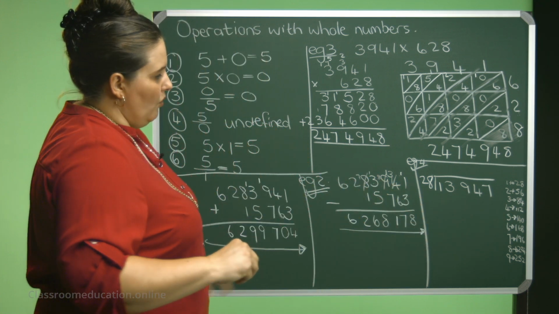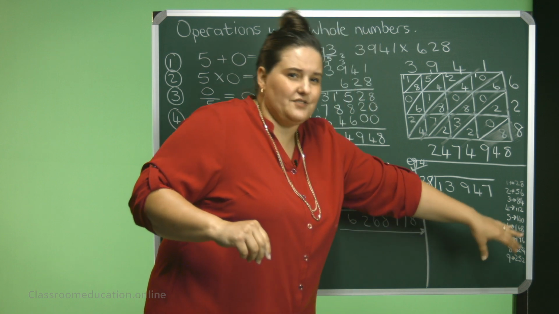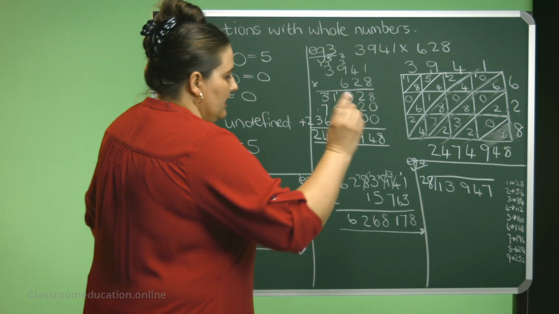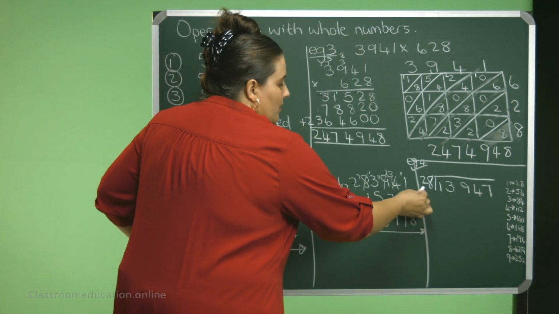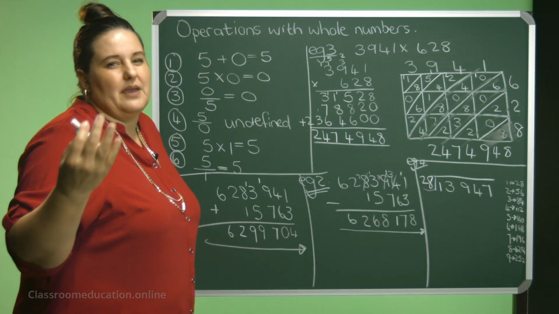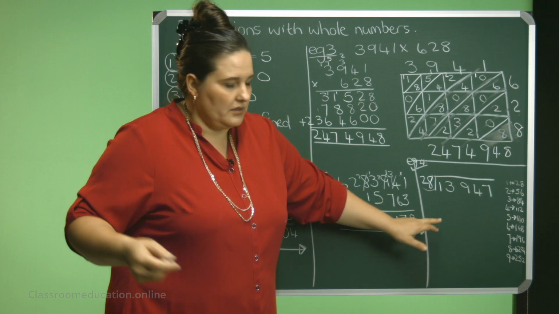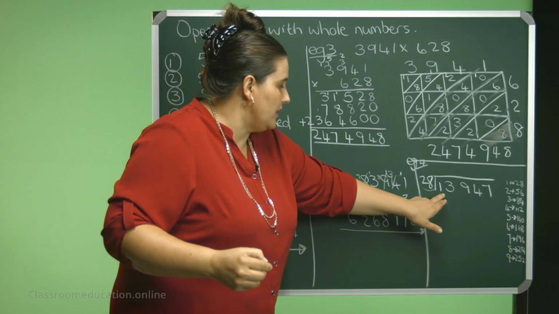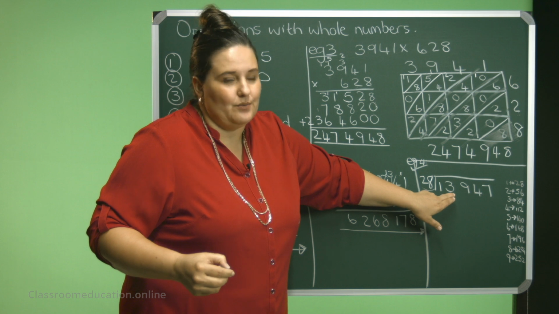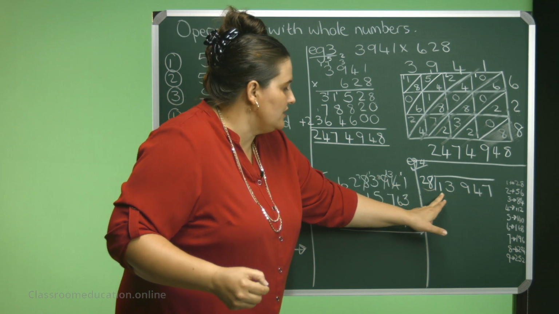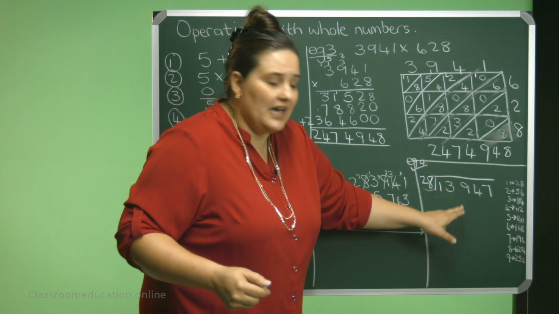Okay. Now, once you have this, it's very easy to do the calculation. So I want to say 28, and usually we can now say, can 28 go into 1? No, it can't. Can 28 go into 13? No. Can 28 go into 139?